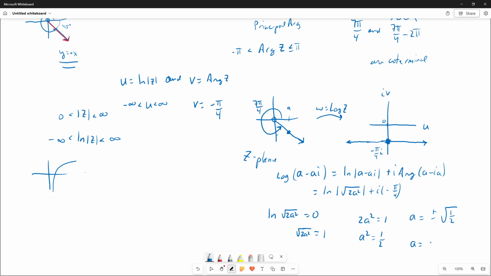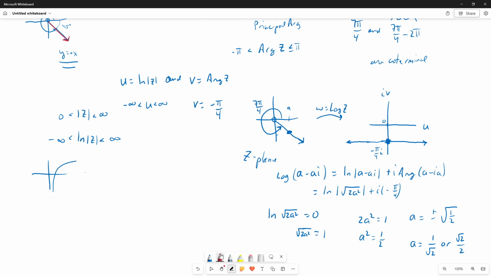So a is the square root of a half, which is 1 over the square root of 2, or the square root of 2 over 2. That point is root 2 over 2 minus root 2 over 2 i. That's this point here, in red. And that maps to this point.